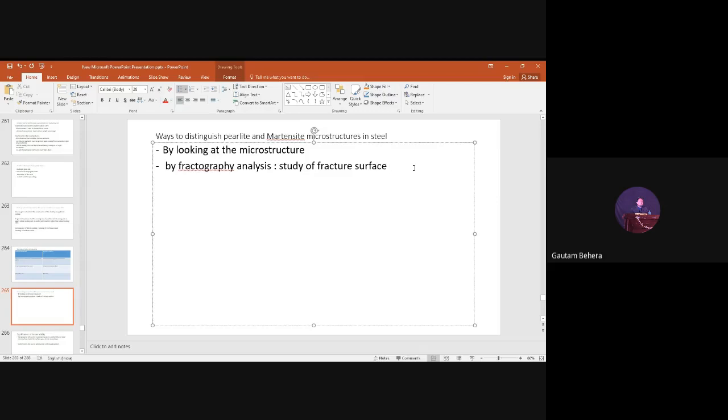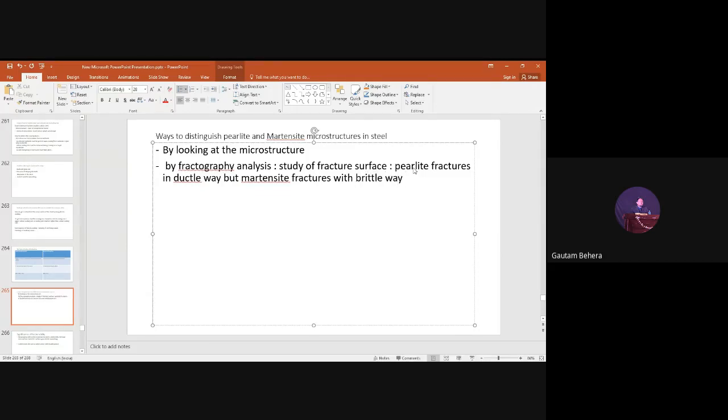So in the study of fracture surfaces, you can write: perlite fractures in a ductile way, but martensite fractures in a brittle way, right?